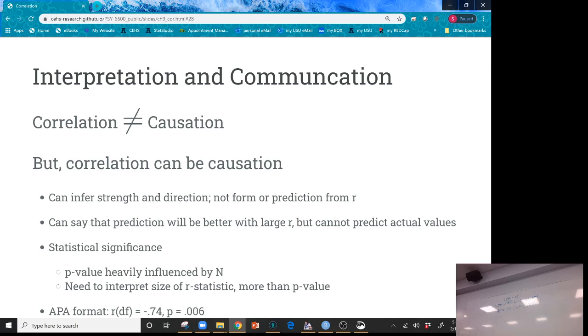We do R, and after the R, we put the degrees of freedom, and we don't even report the T score, but we do the p-value. And then the confidence interval is a way of showing the effect size, because it's the range. So that's how we do it for APA.